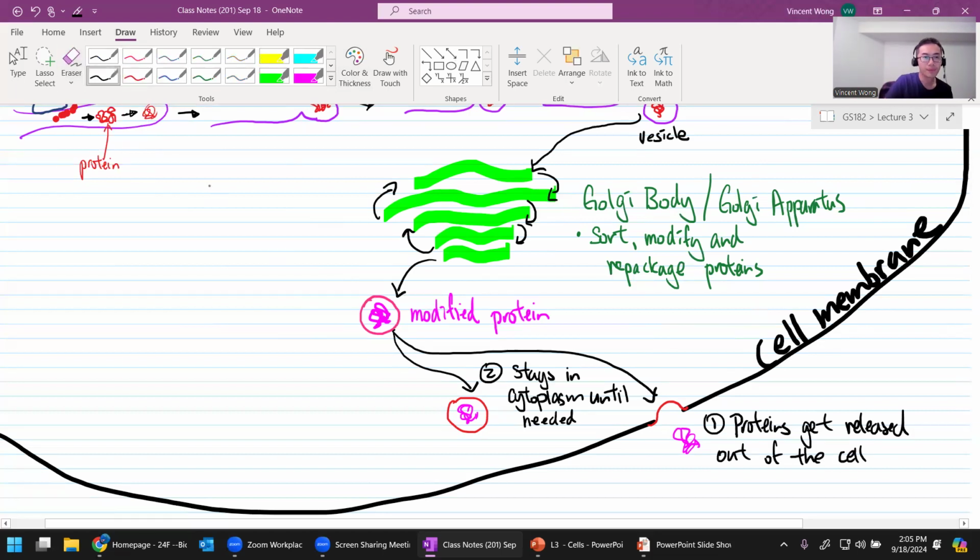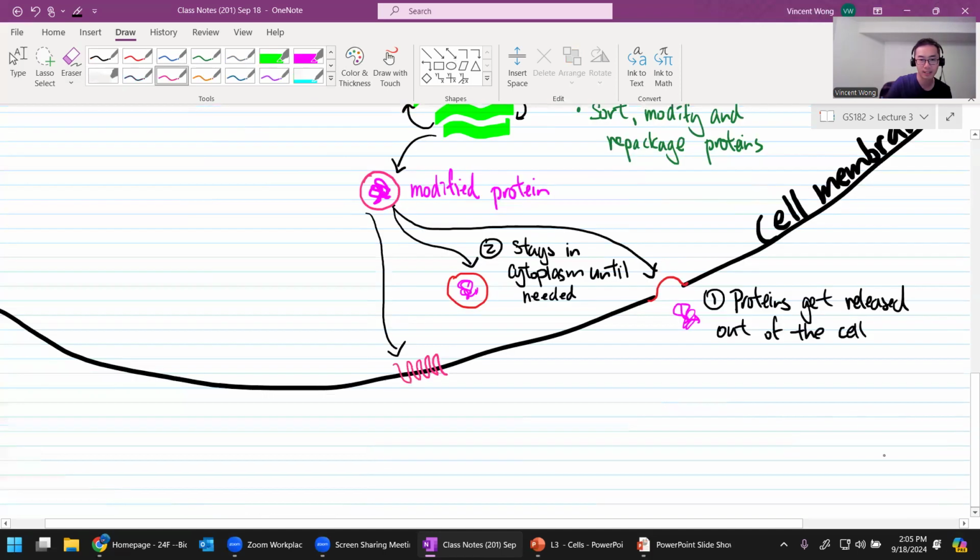Number three, and I haven't told you this before, but I keep on saying that the cell membrane is primarily made up of phospholipids. We know there's a bit of cholesterol in it as well, but the cell membrane actually has quite a bit of protein in it as well. So maybe this protein that you make is gonna go to the cell membrane and become part of it. So this is number three.